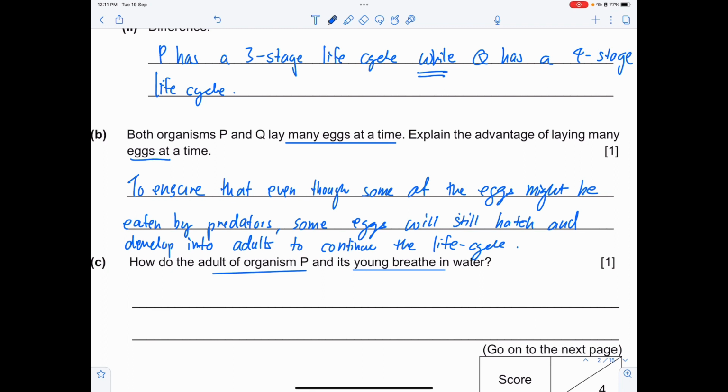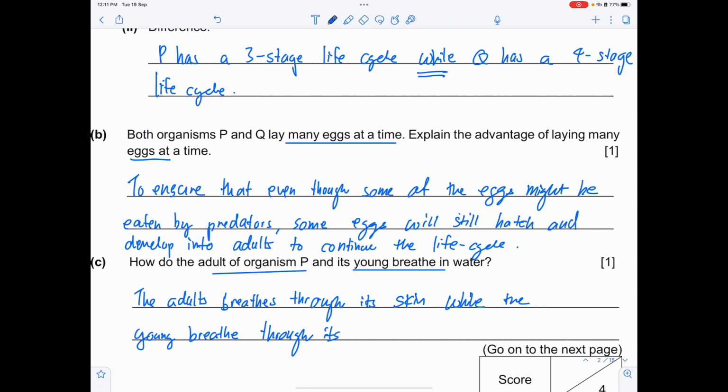So you can say the adult breathes two ways, through its skin, while the young breathe through its gills.